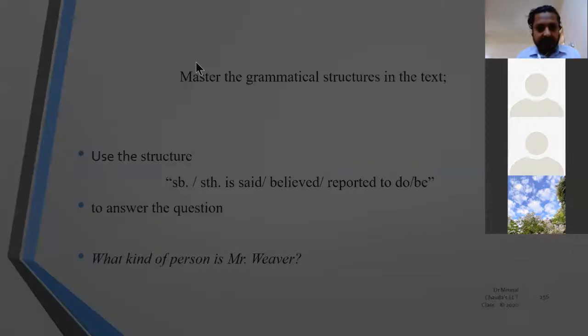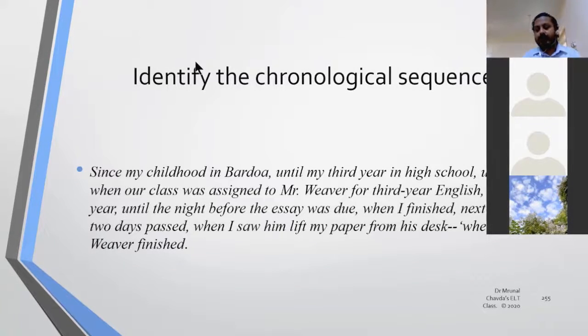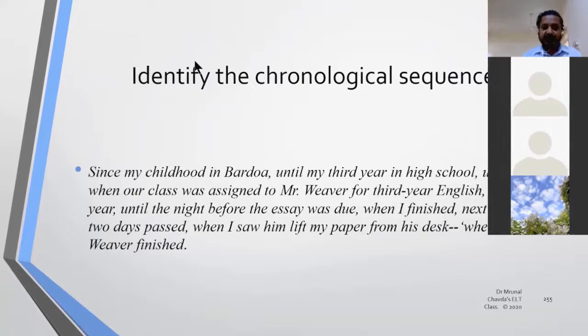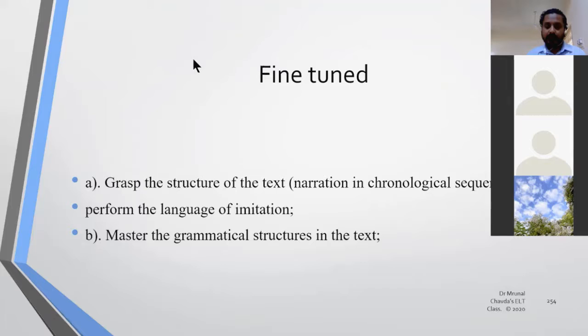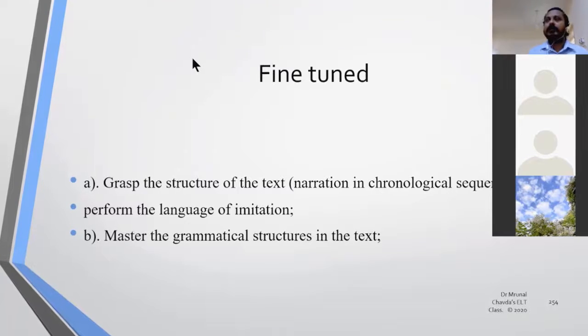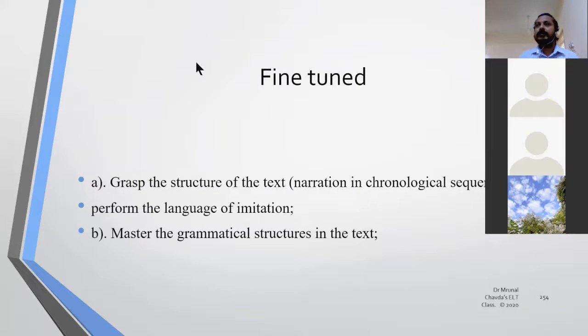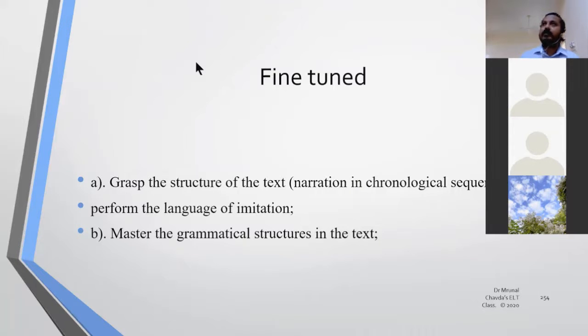Okay, so yesterday we were talking about how an activity can be fine-tuned and what are the ways in which students can learn different aspects of the language using communicative language teaching approach, and what is the teacher's role, whether to give a rough activity or fine-tuned activity where there is a scope.